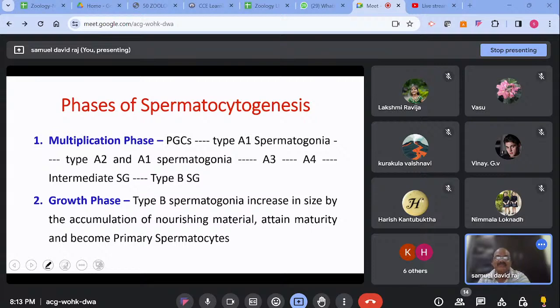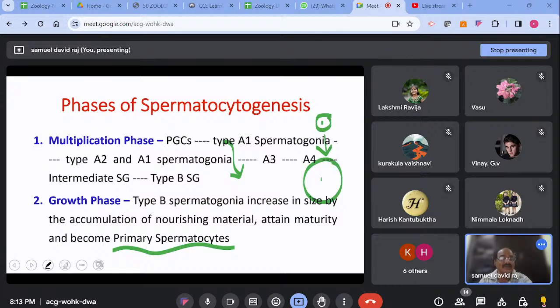So during the growth phase, type B spermatogonia increase in size by accumulation of nourishing material. They attain maturity and become what we call primary spermatocytes. So the growth phase results in the production of primary spermatocytes. So far the spermatogonia are smaller in size, and now they undergo growth because so many divisions have taken place, and after each division there will be a growth phase also, and it has to increase to this extent.